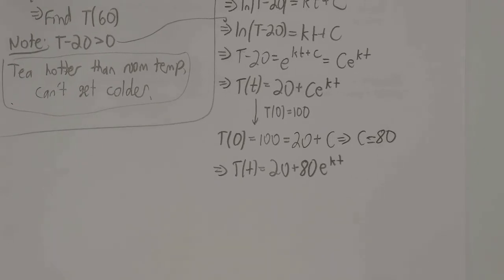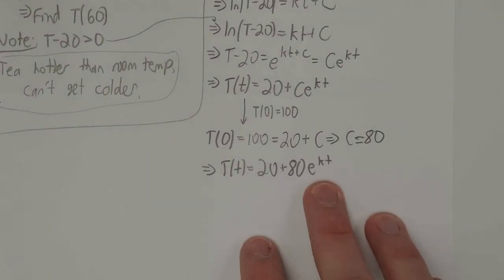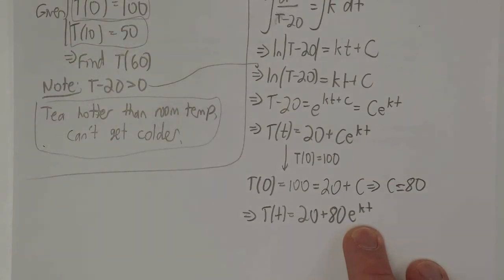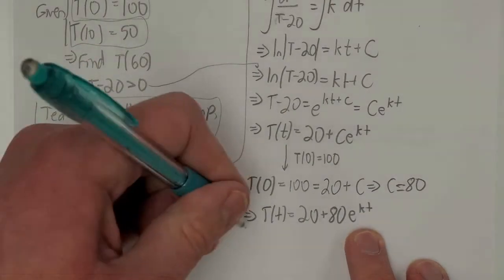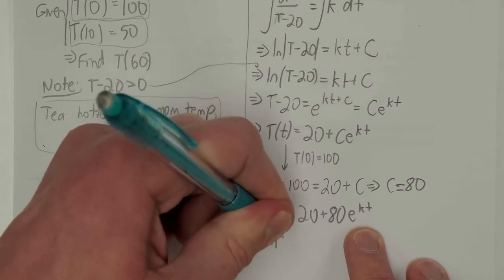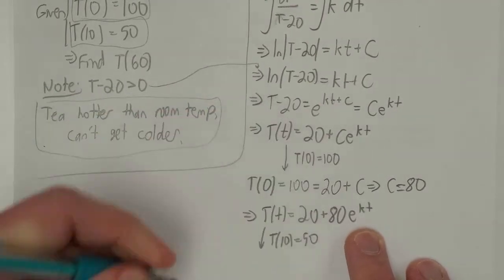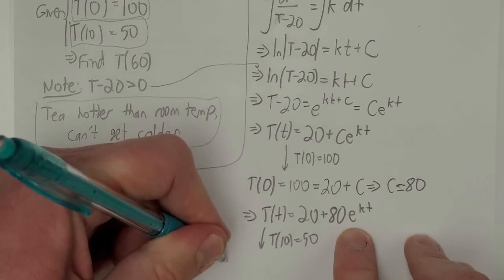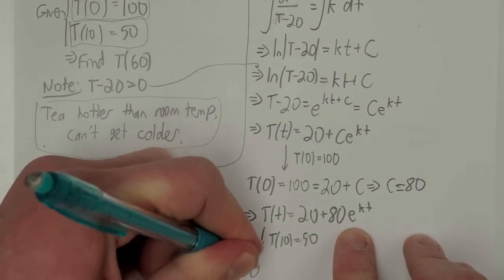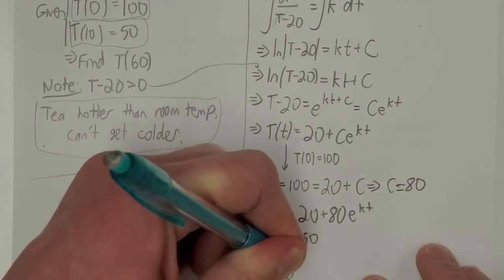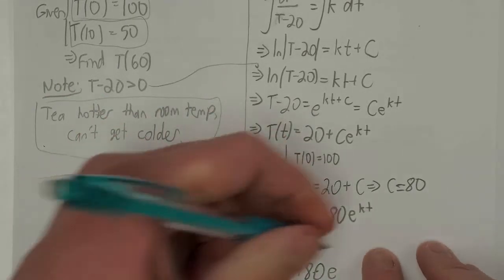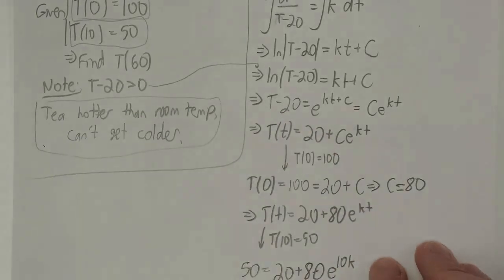So now the last thing we need to do is figure out what k is. Here's where our T of 10 equals 50 assumption comes into play. So T of 10 equals 50. For little t equal 10 here, we then have 50 equals 20 plus 80 times e to the 10k. Okay?